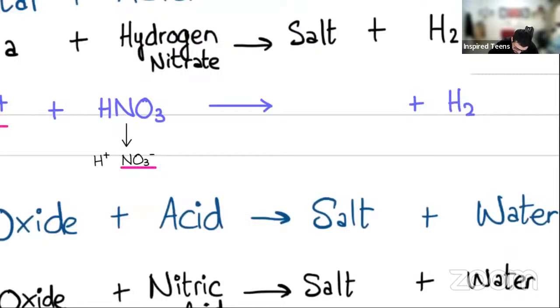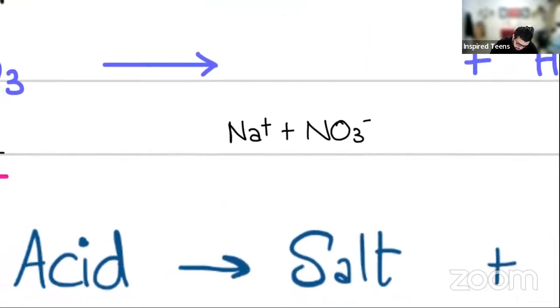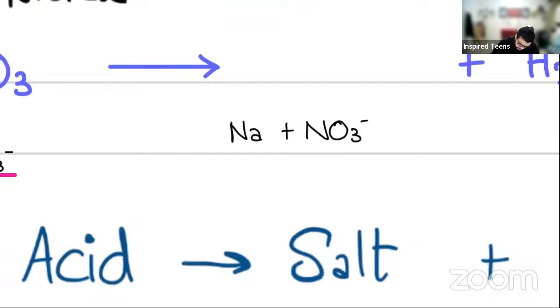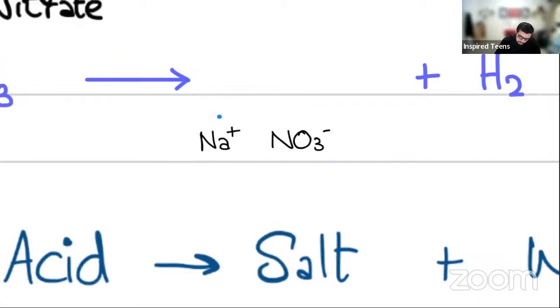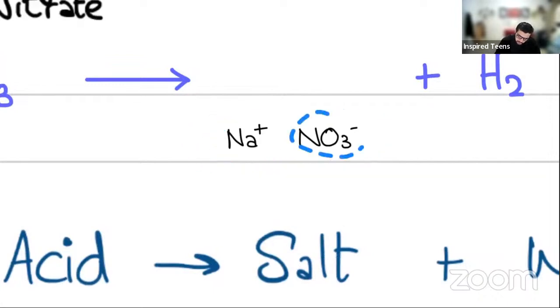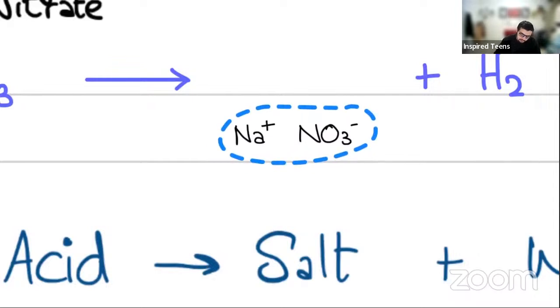I need to take the cation of my base and form it with the anion of my acid. This is a single 1-to-1 charge. I need to take the cation of my base, Na plus, and join it together with the anion of my acid, NO3 minus.